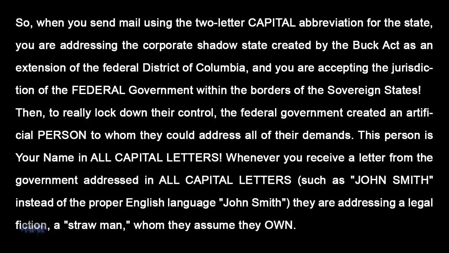Then, to really lock down their control, the federal government created an artificial person to whom they could address all their demands. This person is your name in all capital letters. Whenever you receive a letter from the government addressed in all capital letters, such as JOHN SMITH in all caps, instead of the proper English Christian appellation of the name, such as John Smith in upper and lowercase letters, they're addressing a legal fiction, a straw man, whom they assume they own.